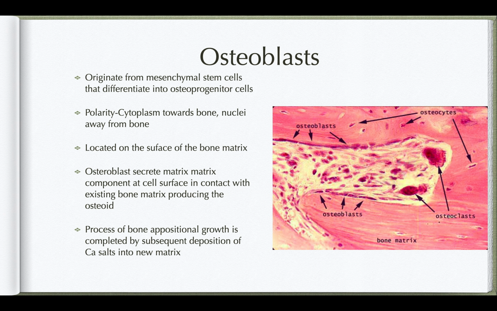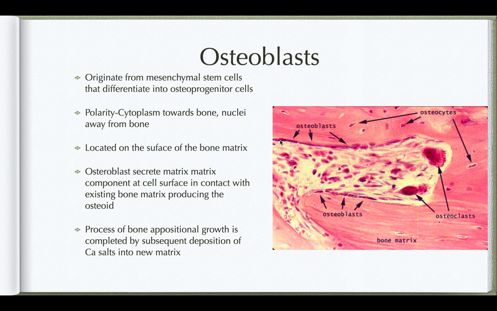Osteoblasts originate from mesenchymal stem cells, and those differentiate into osteoprogenitor cells. They're polarized cells, which means the cytoplasm is usually oriented towards the bone, while the nucleus is away from the bone.